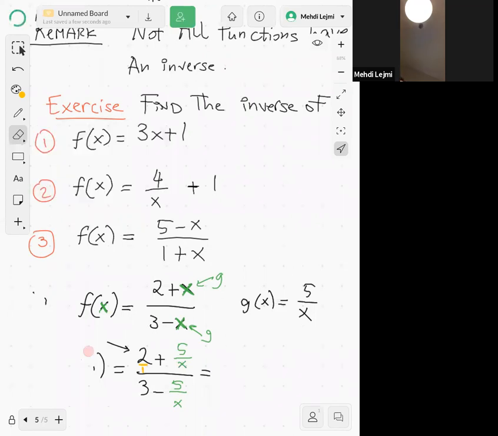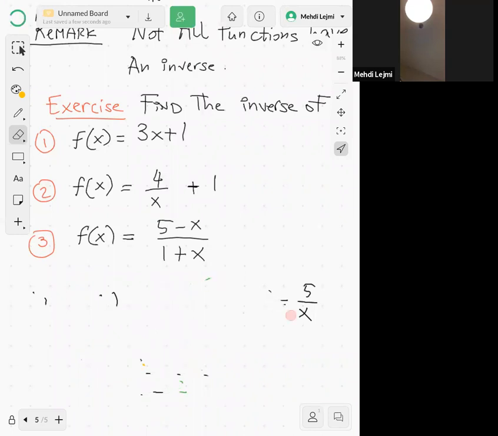Number 2, Elizabeth, you're saying 4 over x minus 1. No, I don't think... I think it's incorrect. It's not 4 over x.